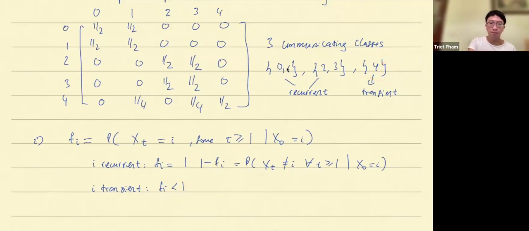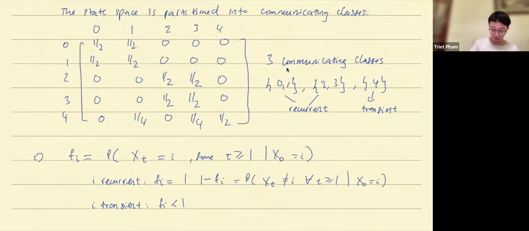But I guess how to prove it? In general, how do we show that a class is transient or recurrent? It's not all that easy, because when you have, let's say, 100 by 100, or even more. I think this is actually connected to graph theory.